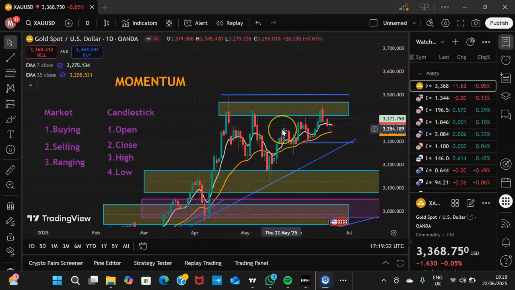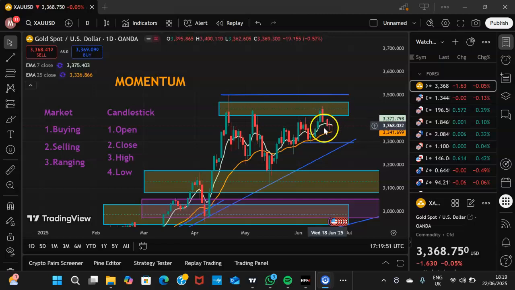Now, for some reason, we could say we have some equal high liquidity around here, and it looks like price has come to retest that same area at a discounted price and then closed below.